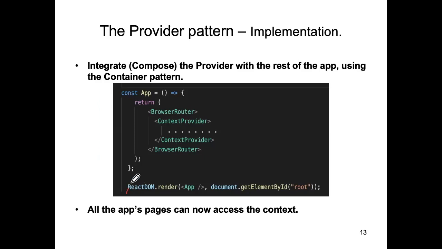Ignore this line here. This is actually the old way of mounting my app component to the DOM. So just ignore that. The last part of the jigsaw is my consumer components. My consumer components will presumably be either pages or components within a page. It doesn't really matter. If it's components within a page, they can still access the context because of the composition that's going on here.